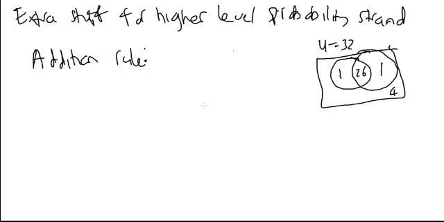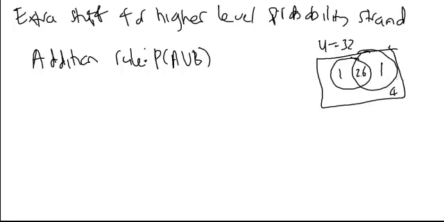So firstly, we look at the probability or the addition rule. Here, what we say is the probability that someone likes A or B, which means they belong to one of these 28 people.